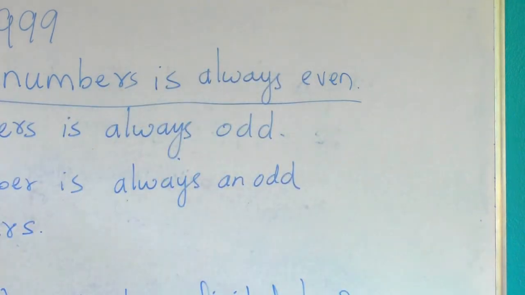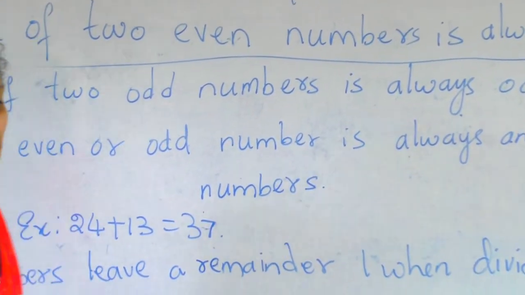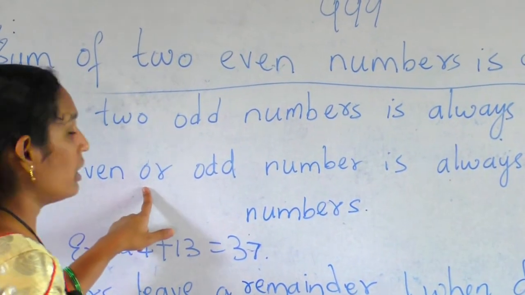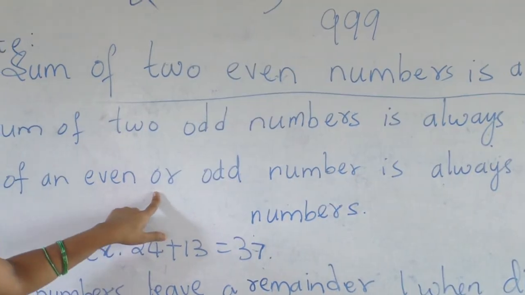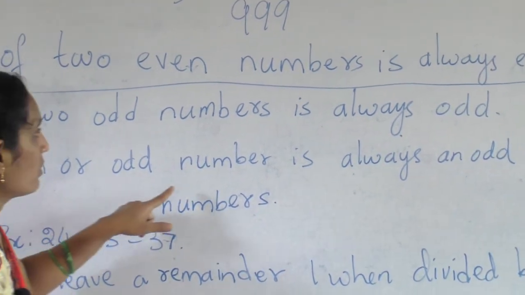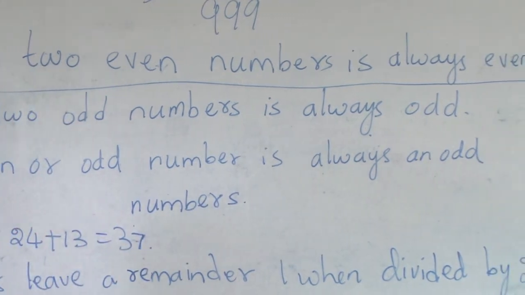Sum of odd numbers is always odd. Next. Sum of an even number is always an odd number.